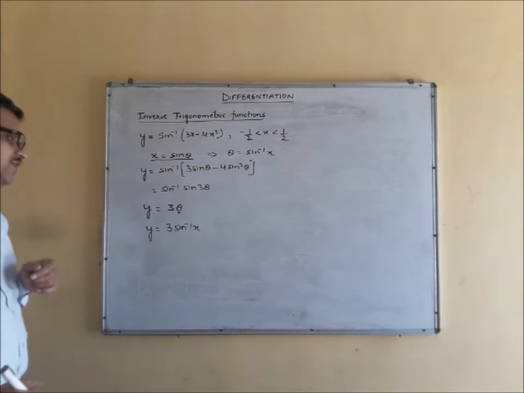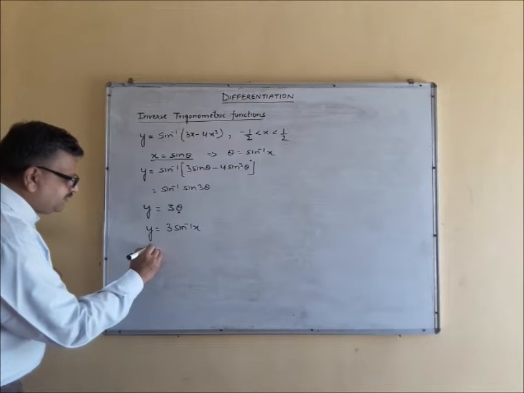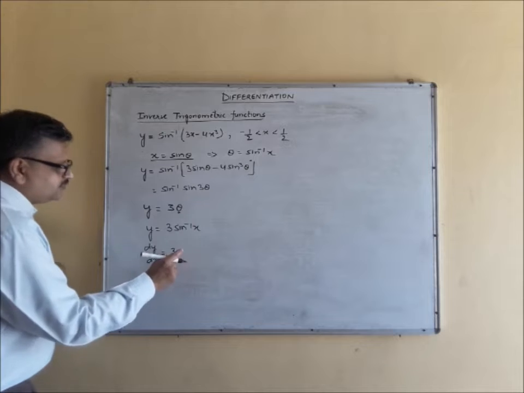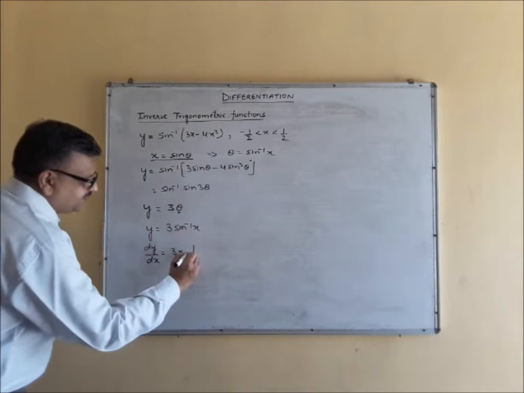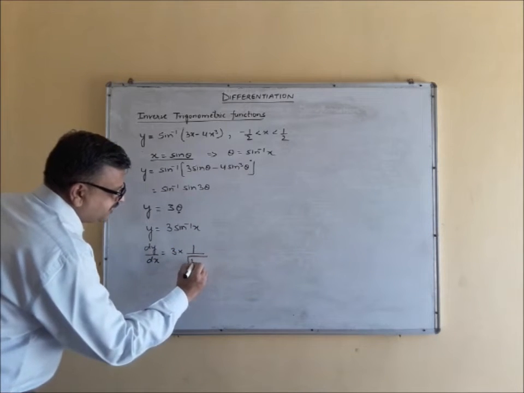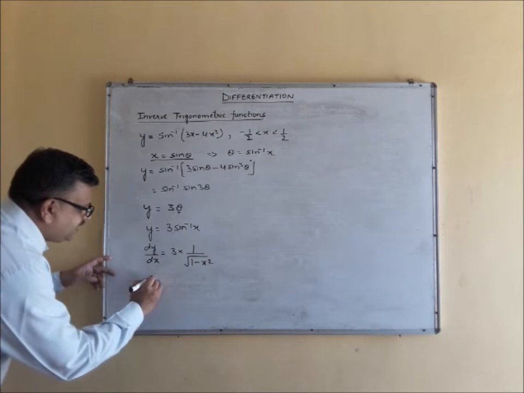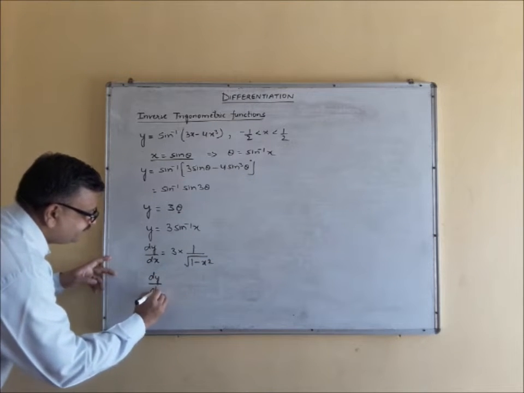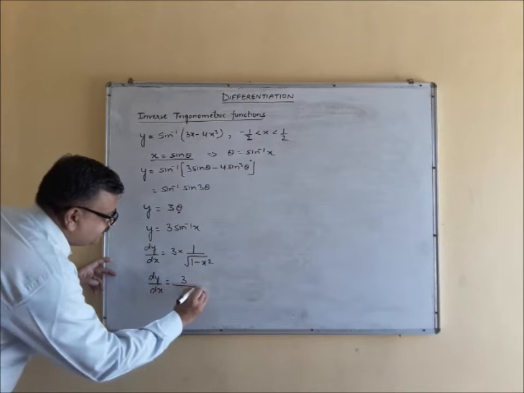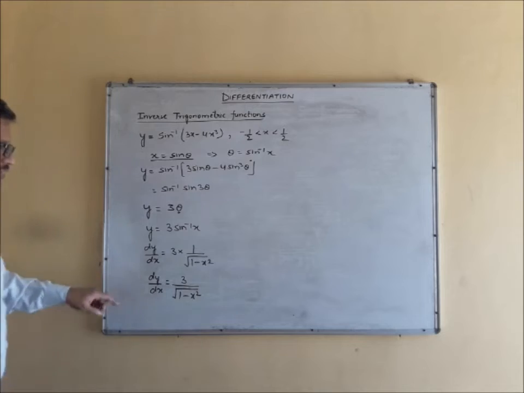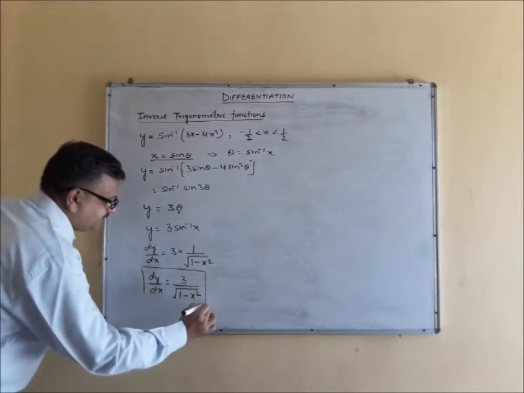Now we can easily find its derivative. dy by dx equals 3 into the derivative of sine inverse x, 1 upon under root 1 minus x square. So dy by dx equals 3 upon under root 1 minus x square. This is the derivative of the given function.